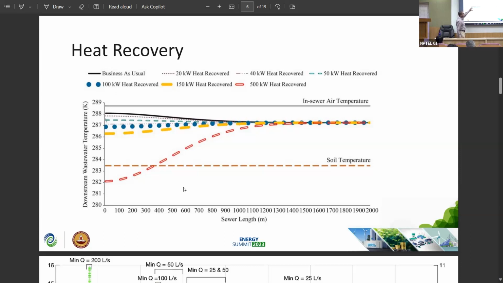It's not causing much difference in terms of temperature variation along the sewer line profile. But if we recover 50 kilowatts, like the red dashed line, you will have a significant reduction in temperature. And then after maybe 1 kilometer, you reclaim this heat by extracting heat from the surroundings, which is soil and air. Okay, so that is on one pipe.